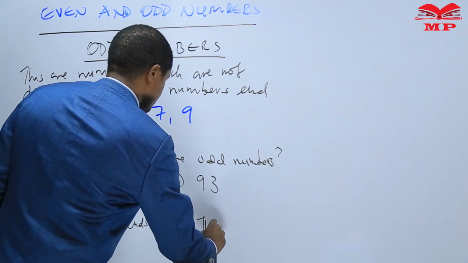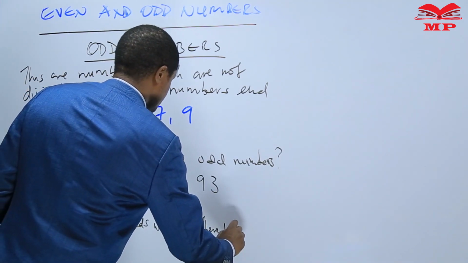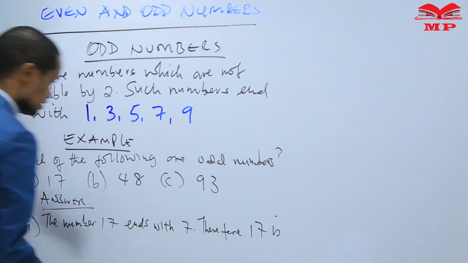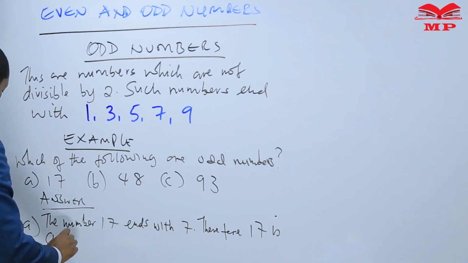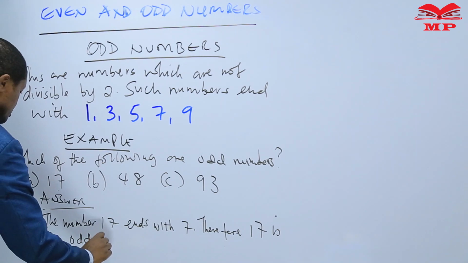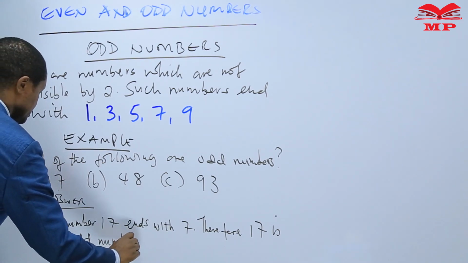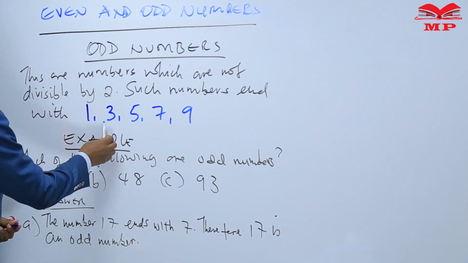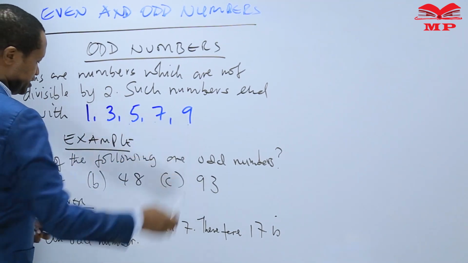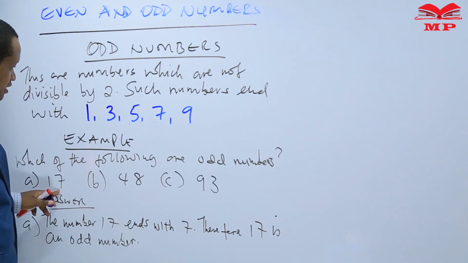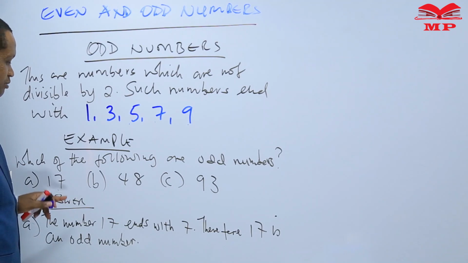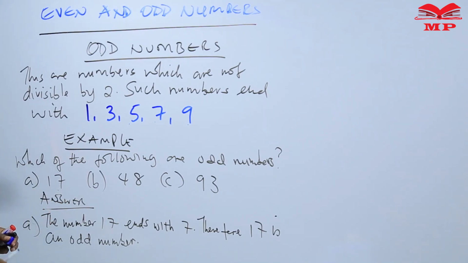Therefore, 17 is an odd number. We say that an odd number is a number that ends with 1, 3, 5, 7, or 9. This 7 is one of the numbers that makes a number odd.